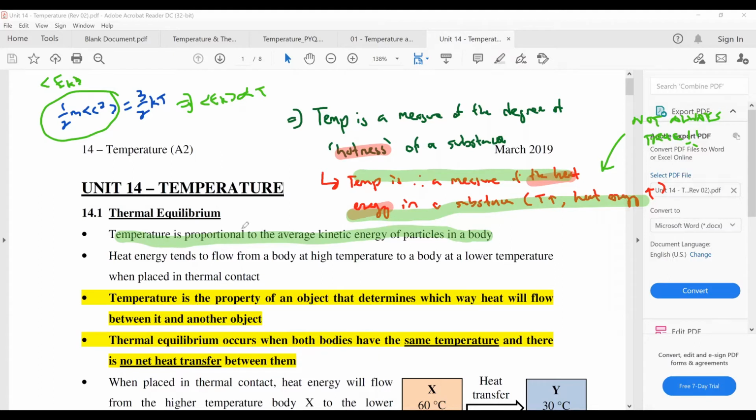Okay, now temperature is formally defined as the property of an object that determines which way heat will flow between it and another object. I think I mentioned this to you before.